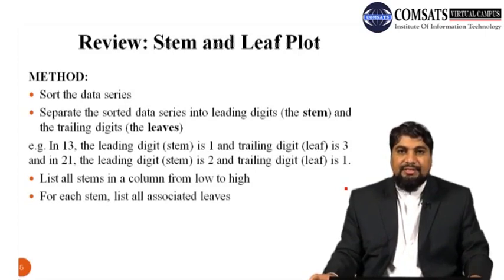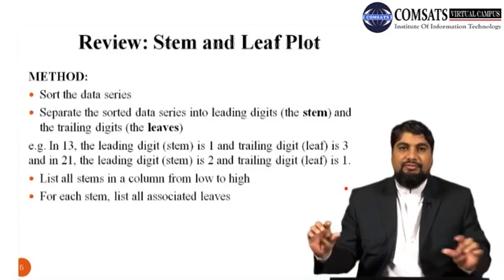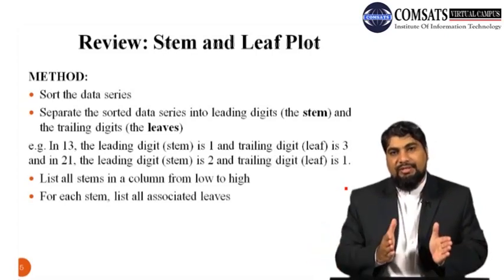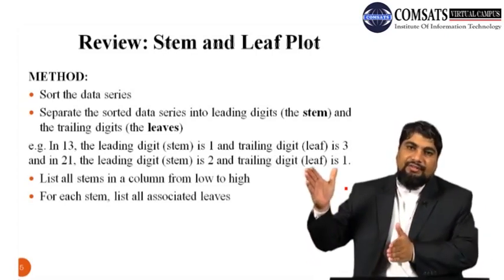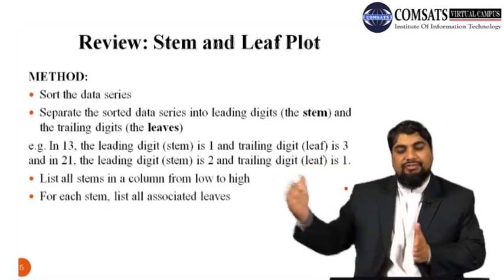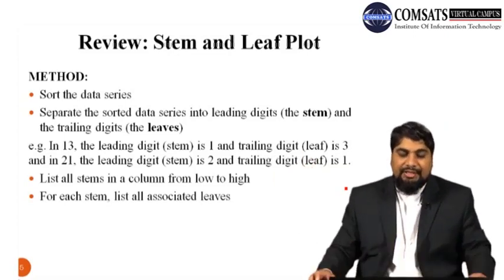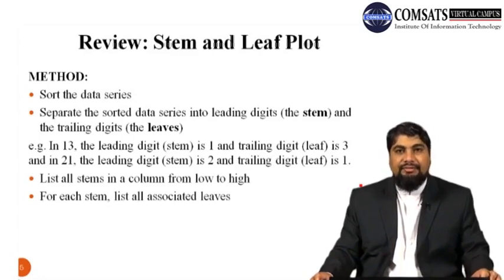Let us discuss the method of constructing a stem and leaf plot. First step is to sort the data series, just sort it from low to high. So first the small numbers, and then in increasing order the bigger numbers and so on. Second step is to separate the sorted series into leading digits, which are called stem, and the trailing digits, which are called leaves.